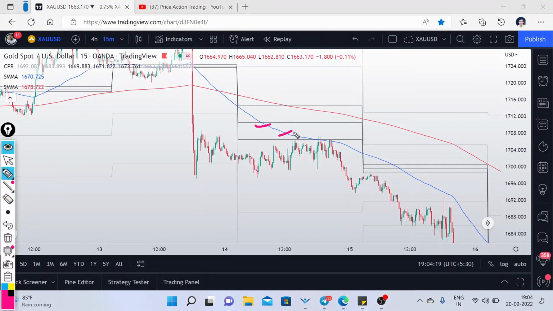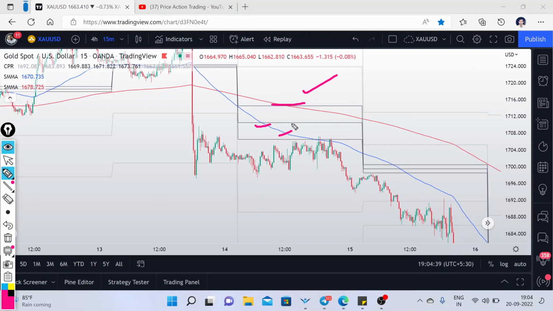As you can see, this is 50. So whenever the price is below 50 moving average, we just have to look for the sell. And for the stop loss, you have to put your stop losses above CPR, or you can wait for another crossover.